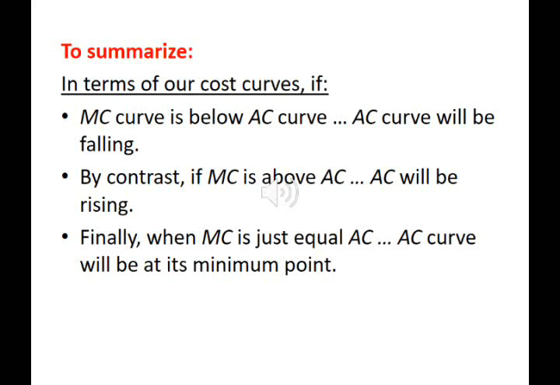And finally, when the marginal cost is just equal to the average cost, the average cost curve will be at its minimum point. So the point of intersection between the marginal cost and the average cost always happens at the minimum point of the average cost curve. And that's all for today's lecture.